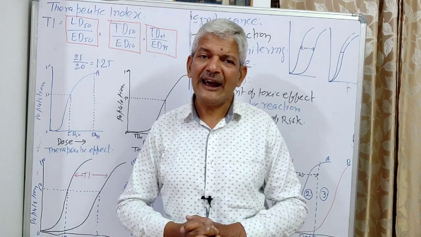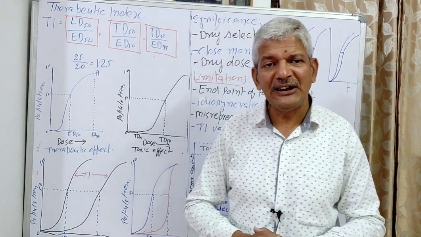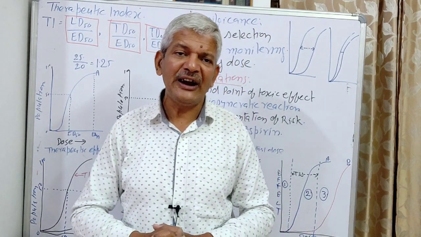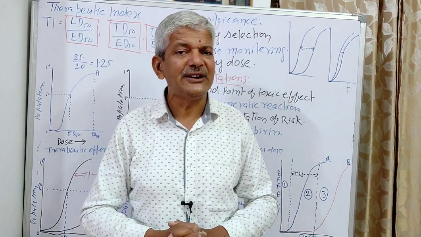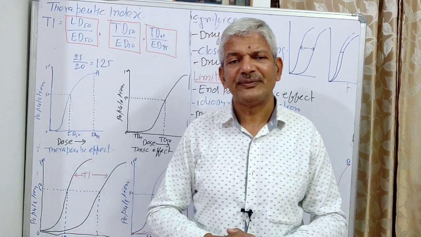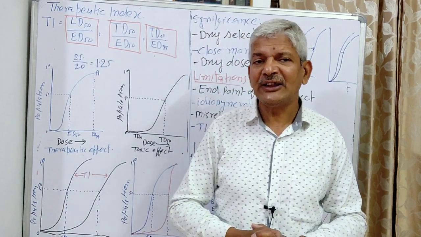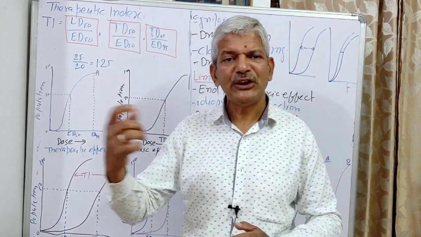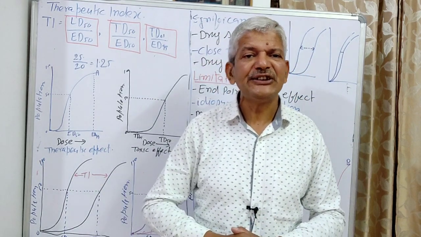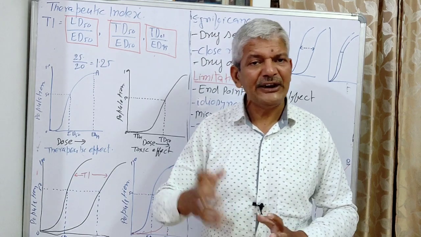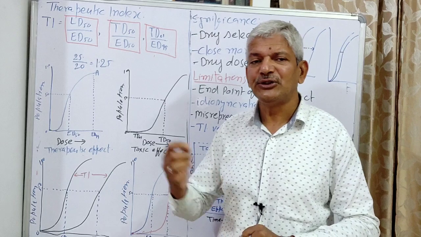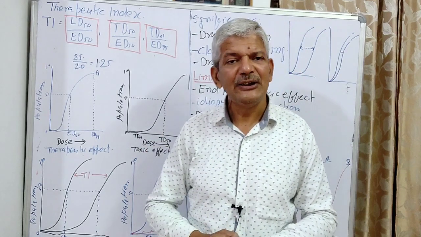Obviously, we cannot perform the LD50 experiment using human beings. We can only determine LD50 using animals, and we cannot extrapolate this data from animal to human being. It means it is not a reliable source to calculate the therapeutic index using LD50 data.